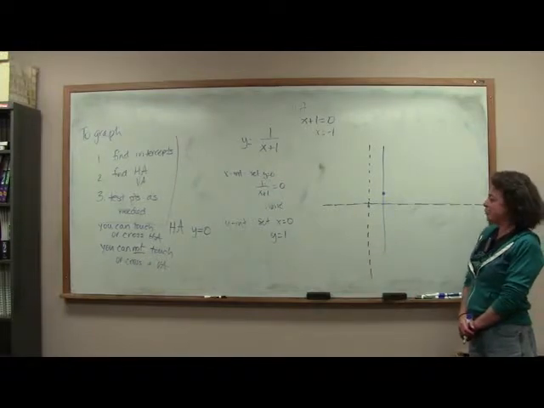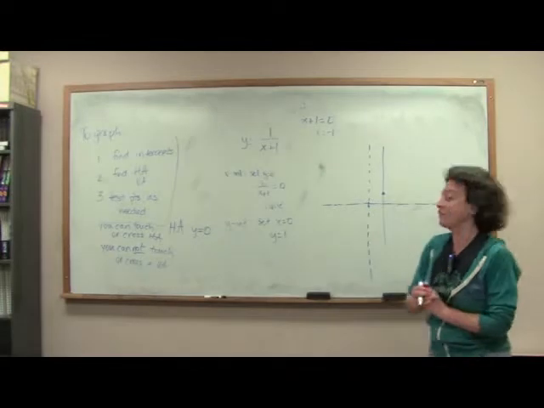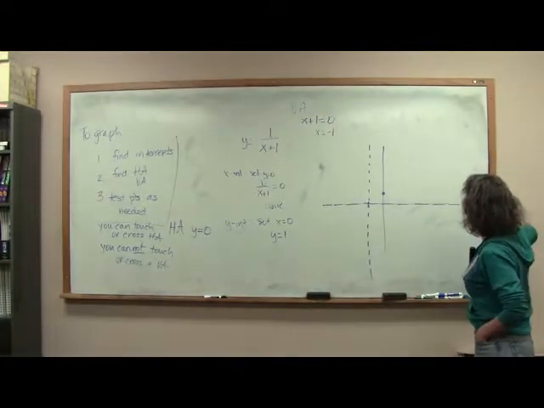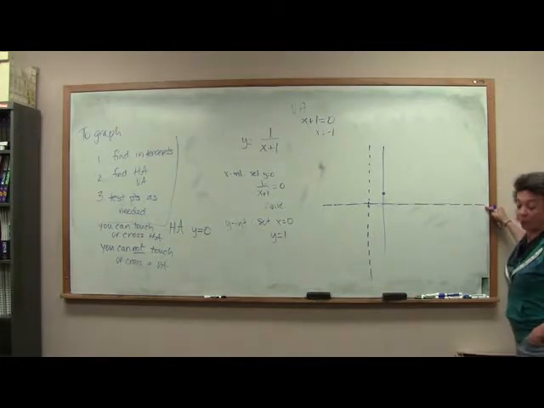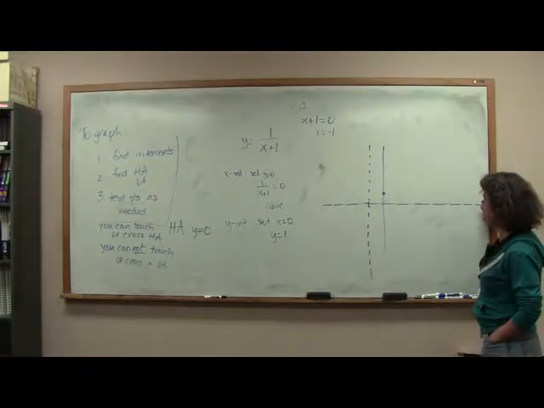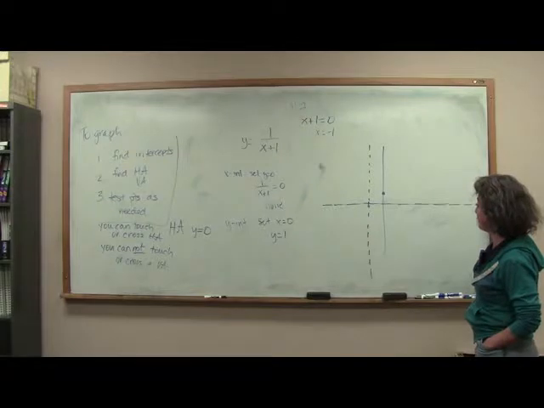All right, well, let's now think about what we have. First off, notice I have a horizontal asymptote at y equals 0. What does that mean? That means as x gets really large, my function values are going to approach 0.